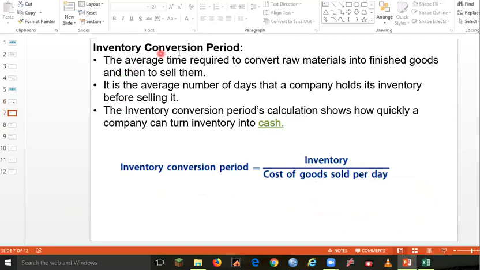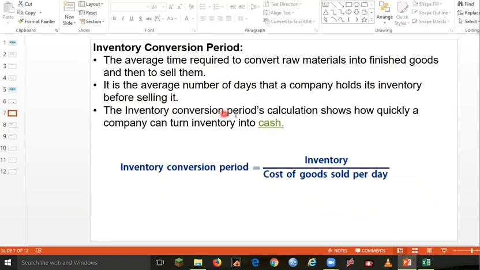Now, what is inventory conversion period? The average time required to convert raw material into finished goods and then to sell them. It is the average number of days that a company holds its inventories before selling it.